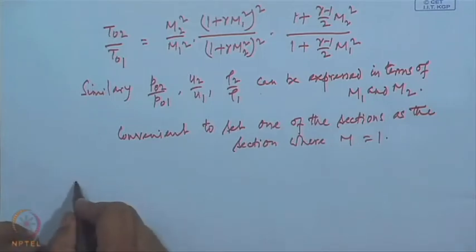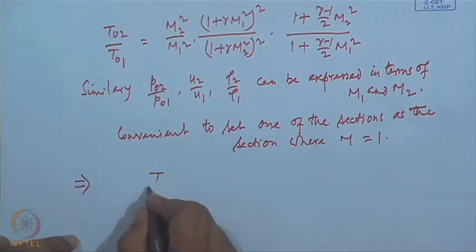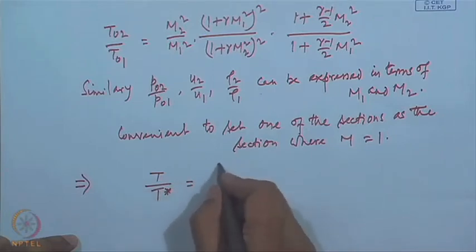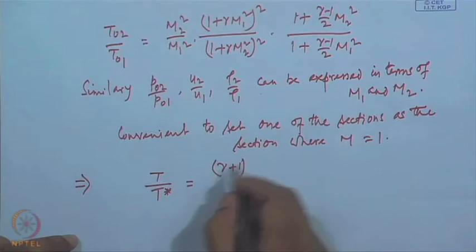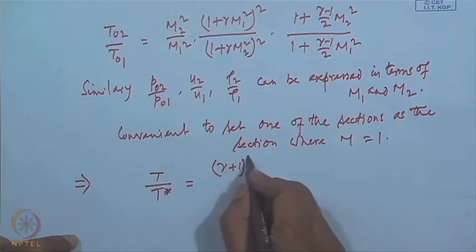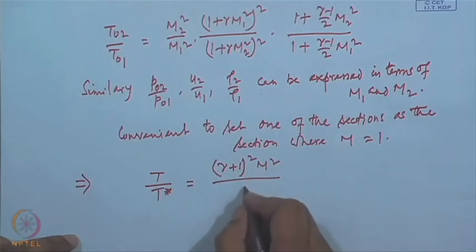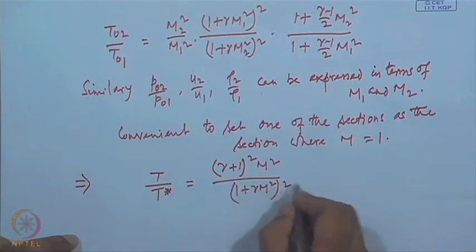This gives us then T star as gamma plus 1 square into M square divided by 1 plus gamma M square, whole square.